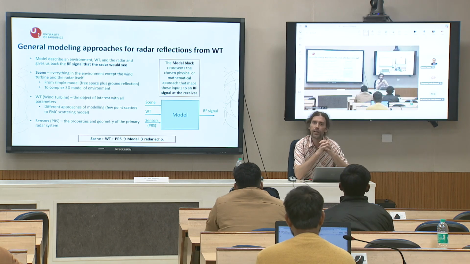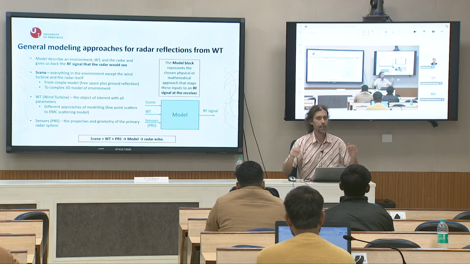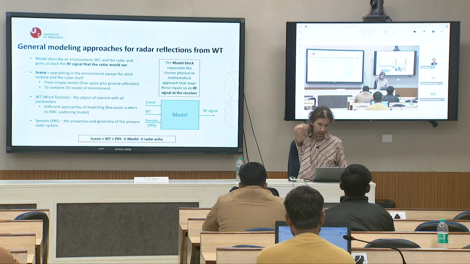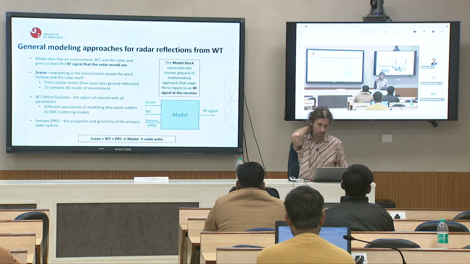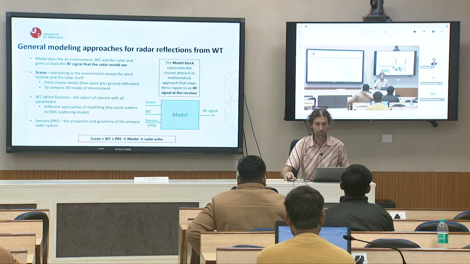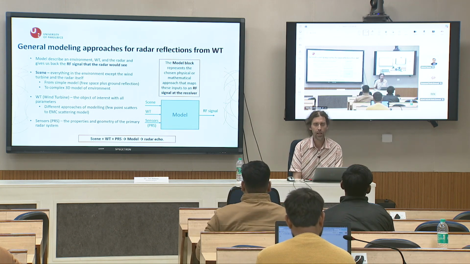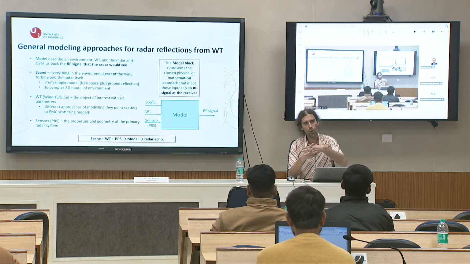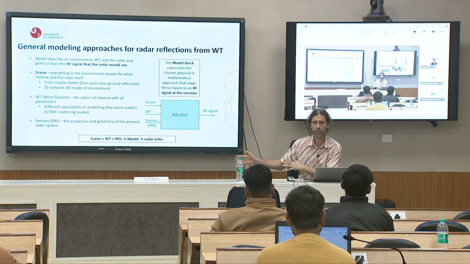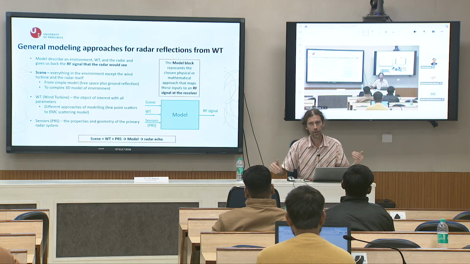PRI, PRF, the kind of transmitted pulse, and of course I forgot the carrier frequency and so on. All this input goes to the model, and the output is the signal, the reflected signal from the wind turbine.